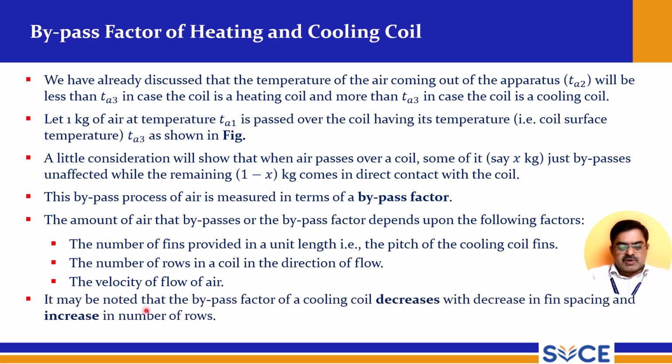It may be noted that the bypass factor of a cooling coil decreases with decrease in fin spacing and increase in number of rows. That is how the bypass factor decreases by increasing the number of rows.